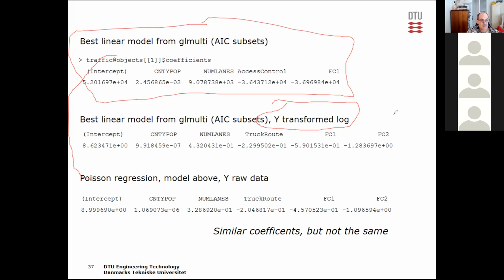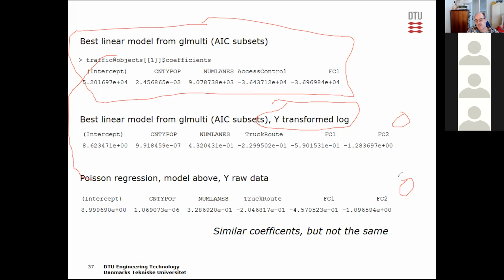And these two guys have the same structure of log Y equals beta X. They have that same structure. But what's different is the way the model is fitted.